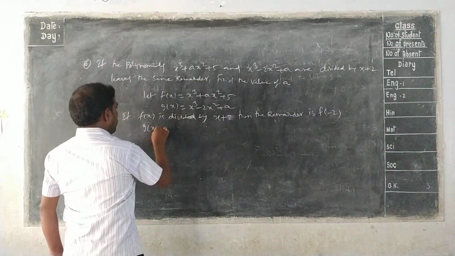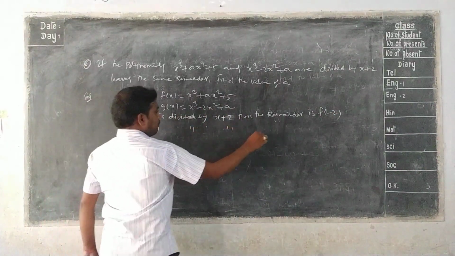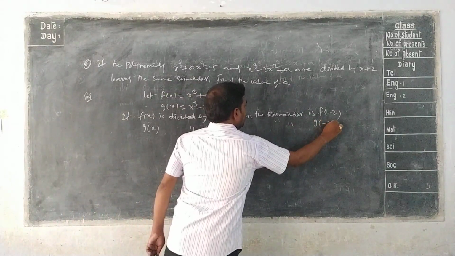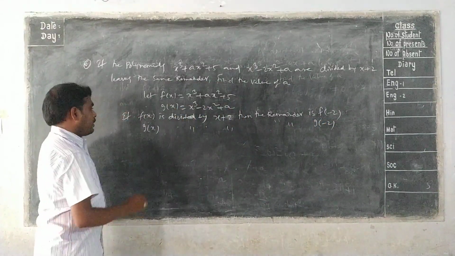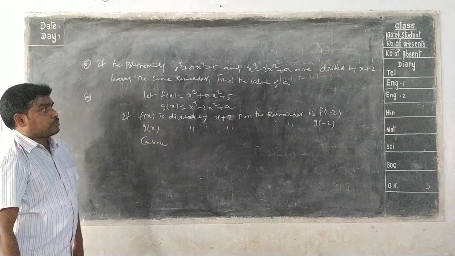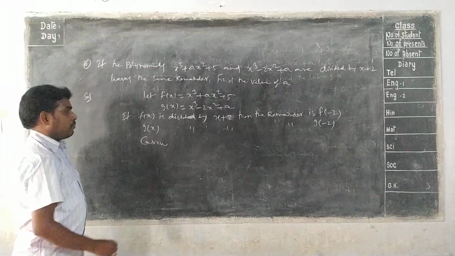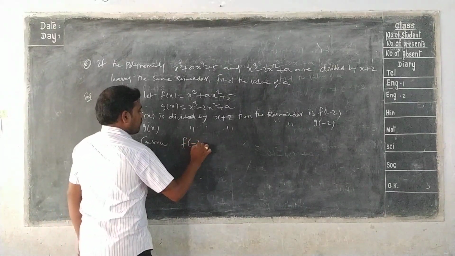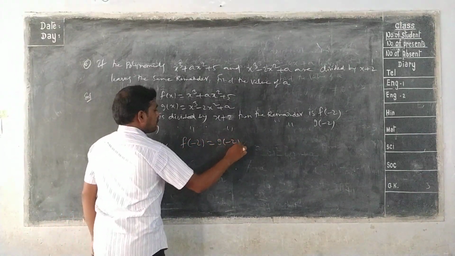Similarly, g of x divided by x plus 2, remainder is g of minus 2. When you are dividing both polynomials with x plus 2, the remainders are the same. So f of minus 2 equal to g of minus 2.